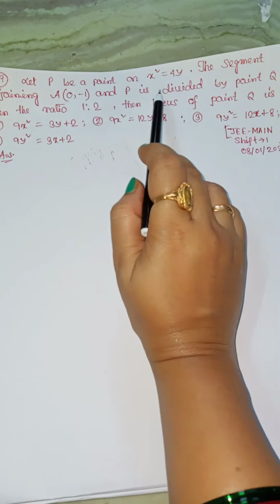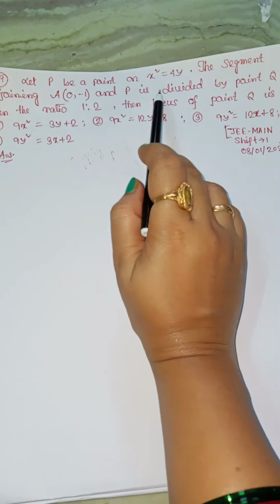Line joining P and A, which is AP. I use the parametric equation x is equal to 2t, y is equal to t square.